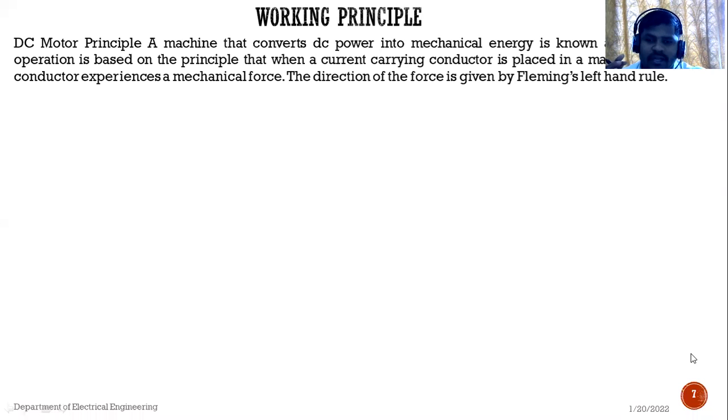The DC motor works on the principle of Lorentz force equation, or we can call it as a Lorentz law. When a current carrying conductor is placed in a magnetic field created by using a permanent magnet or an electromagnet, then that current carrying conductor experiences a mechanical force, and the direction of that mechanical force depends upon Fleming's left hand rule.